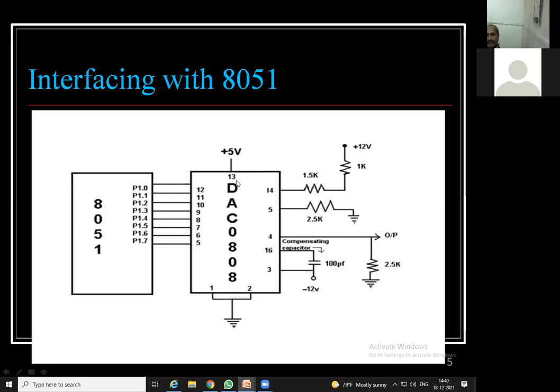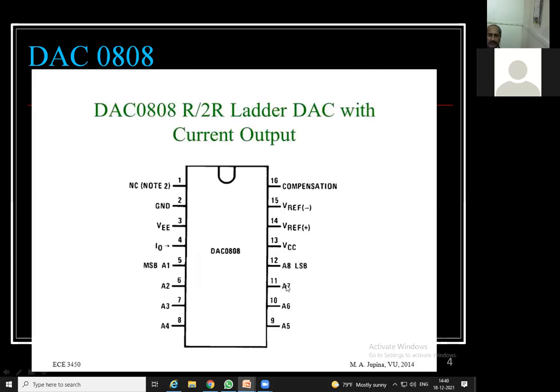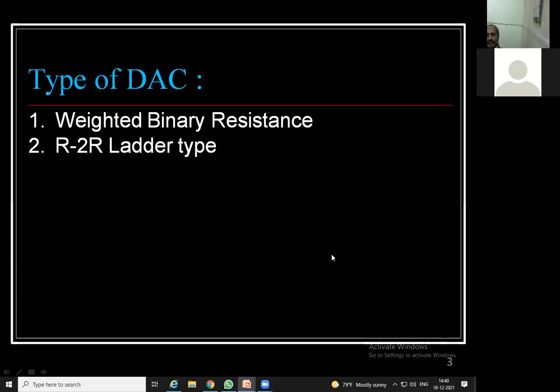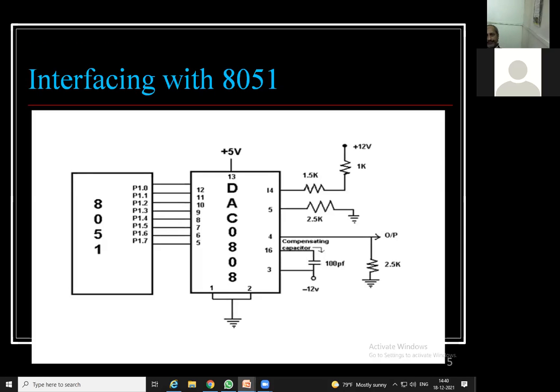This is plus 5, that is the VCC. Other things are additionally required: pin number 5 and pin number 14. Pin number 14 is the plus V reference. So these are the two voltages required for this DAC.